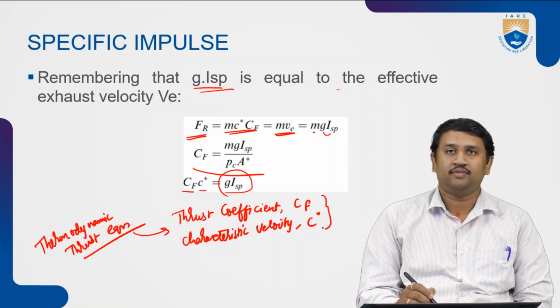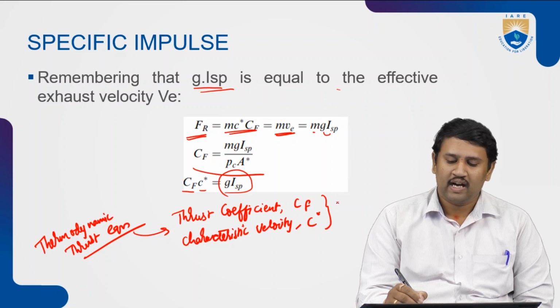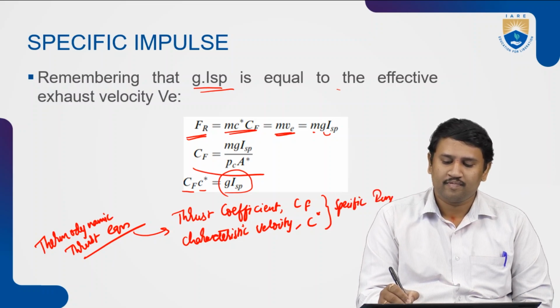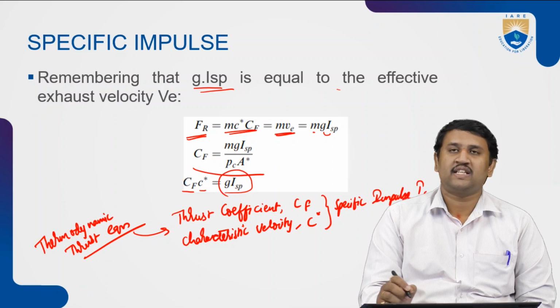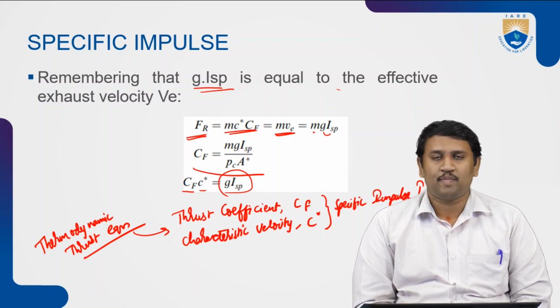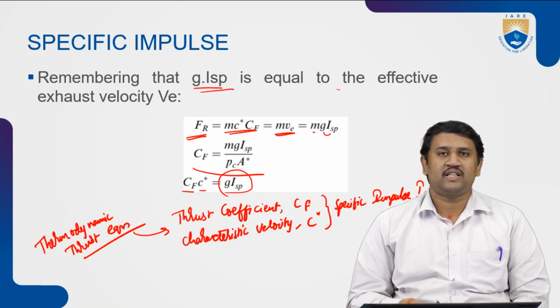Based on these two, we have identified specific impulse, which is denoted by ISP, which is nothing but a measure of the flow of propellant per unit combustion rate.